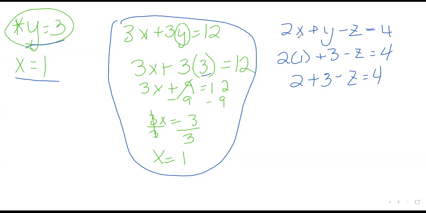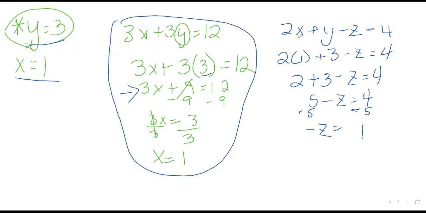What is 2 plus 3? 5. So 5 minus z equals 4. Now, just like I did over here, I'm going to subtract 5 from both sides, which gives me a negative z equals, what is 5 minus 4? 1.